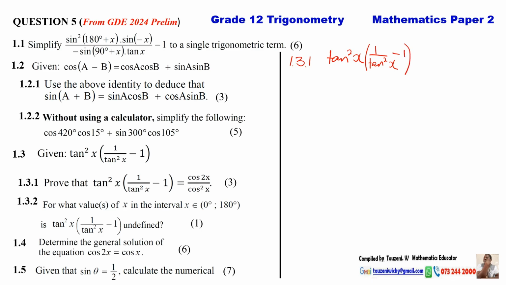We want to prove this identity. It is equal to the cos of 2x divided by cos squared x.